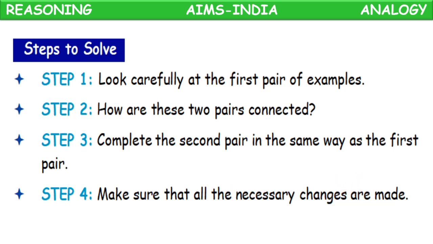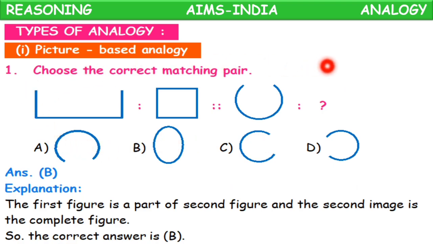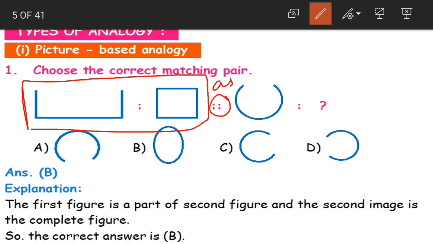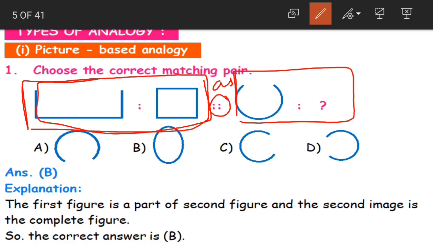What are they saying? In the example, let us take our first analogy here, that is picture based analogy. We are having two pairs as usual. This is our first pair. Before as we have one pair and after as we have the other pair.